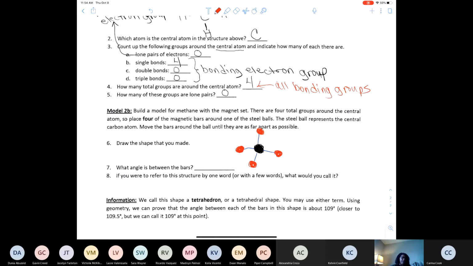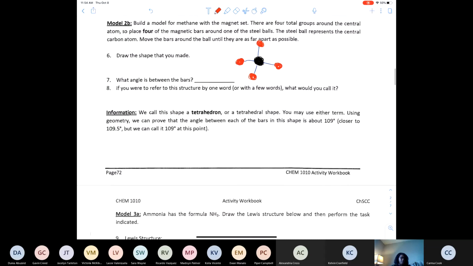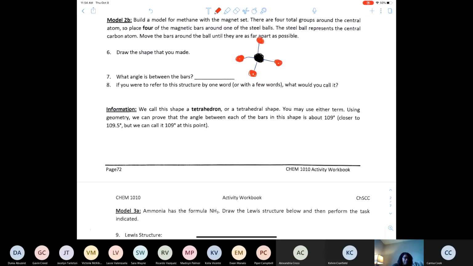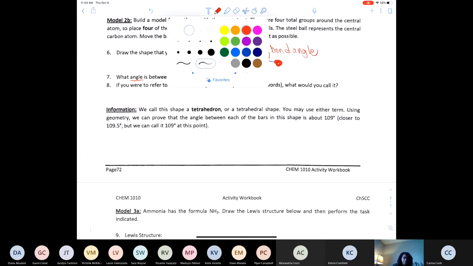We don't have any lone pairs. So what we now do to answer question 7 is about the angle. So what is this angle? It's called the bond angle. Do that in a different color.